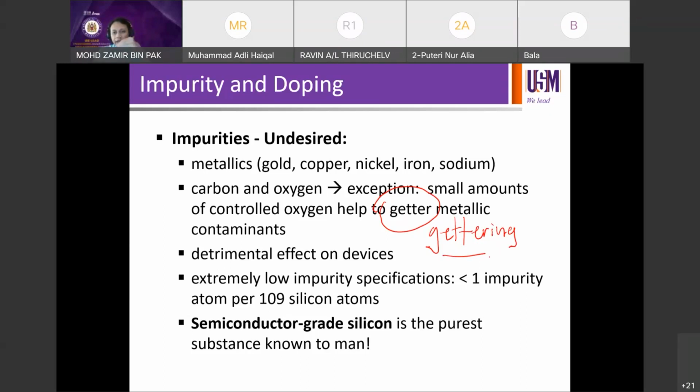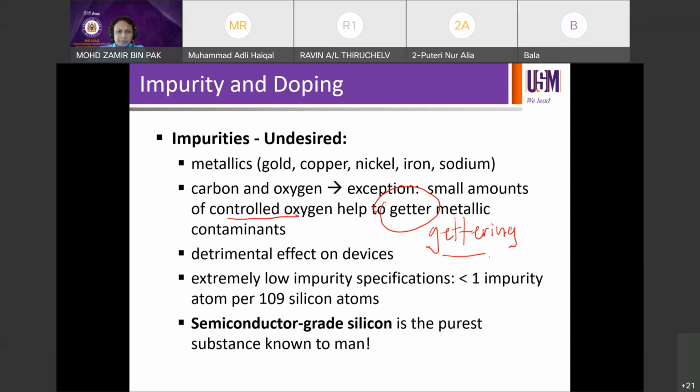But in the passive region, you can then remove all the gathered metals eventually, right? So in this case, a controlled amount of oxygen does help in the gettering process, even though generally you don't want carbon and oxygen to be in the lattice to begin with, right?